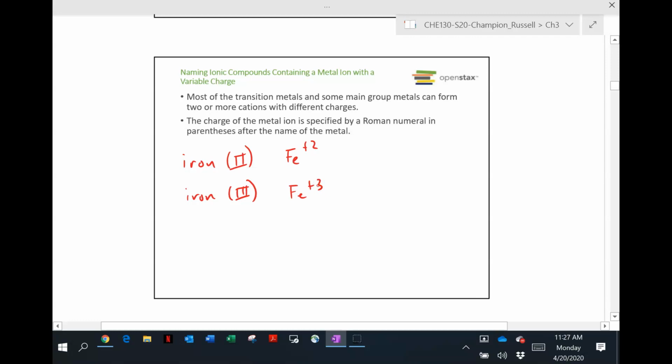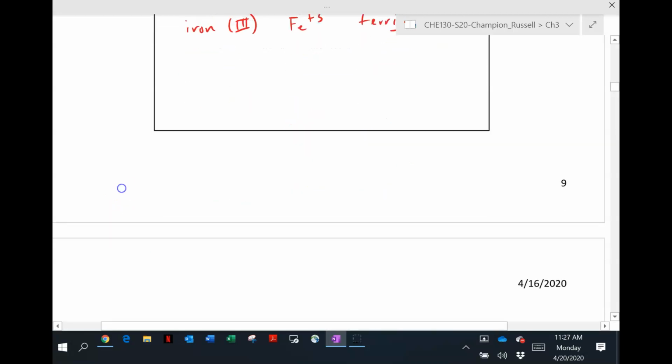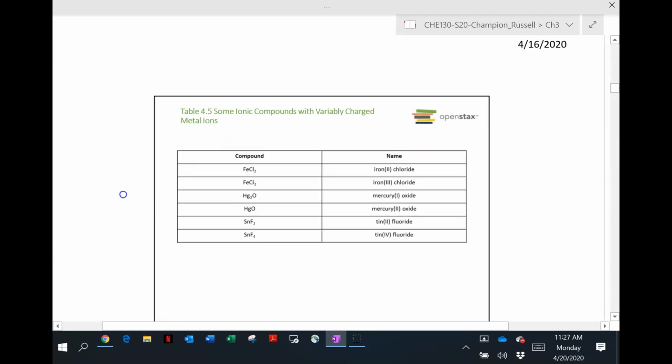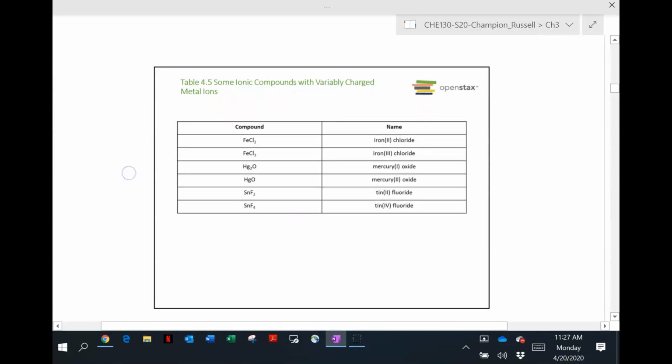There's an old system where we would name these using the Latin name and the roots -ous for the lower oxidation number or charge, and -ic for the higher oxidation number or charge. So that's some examples of transition metals that have different charges. And if you look back at that table in chapter 3, those are the ones that you need to know.